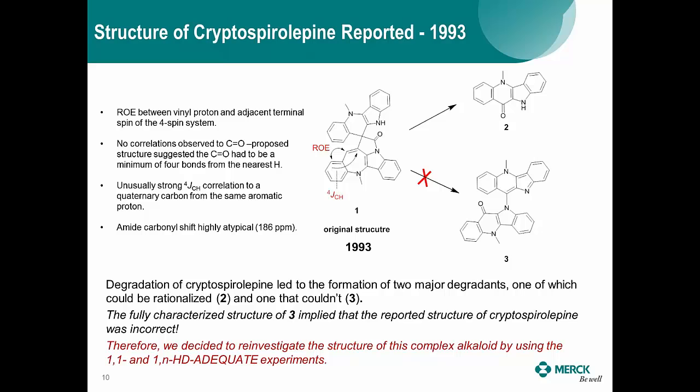So therefore we decided to reinvestigate the structure of this complex alkaloid, cryptospirolepine, and we decided to use 1,1-ADEQUATE and 1,n-ADEQUATE experiments to do so. Unfortunately, sample availability was very low, but fortunately we were able to work with a 1.7 mm cryoprobe, which greatly improves the sensitivity of our experiment.